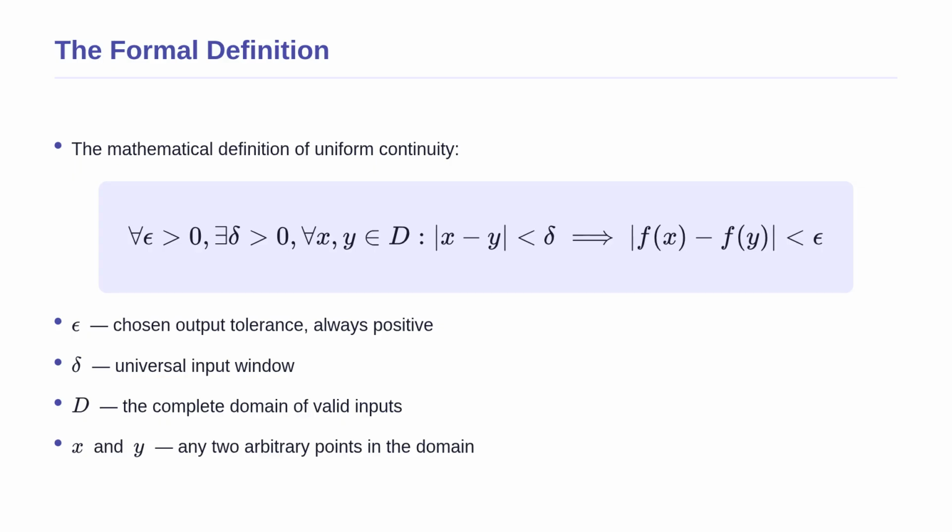The formula states that if the horizontal distance between any two inputs is less than our universal delta, then the vertical distance between their corresponding outputs is guaranteed to be less than our chosen epsilon. Crucially, as epsilon decreases, the required delta will also decrease, but it will never depend on the specific locations of x and y.